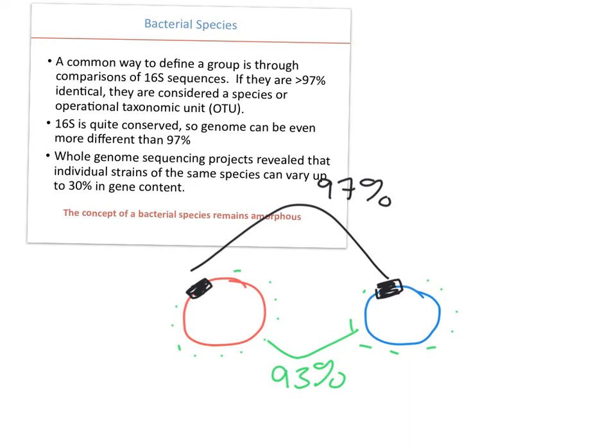So we're getting to the point where our definition of a species is even looser than we had originally thought. Okay, and again, the concept of a bacterial species is somewhat amorphous.